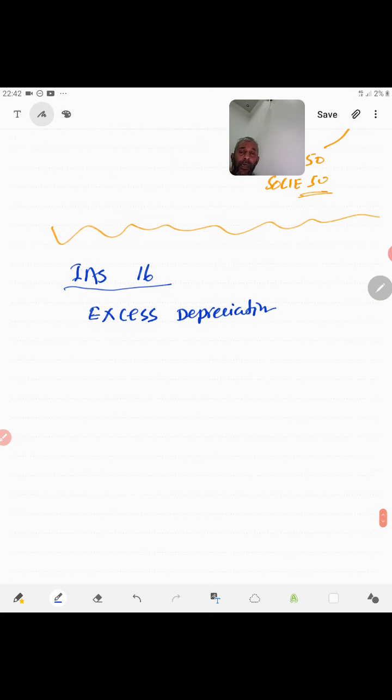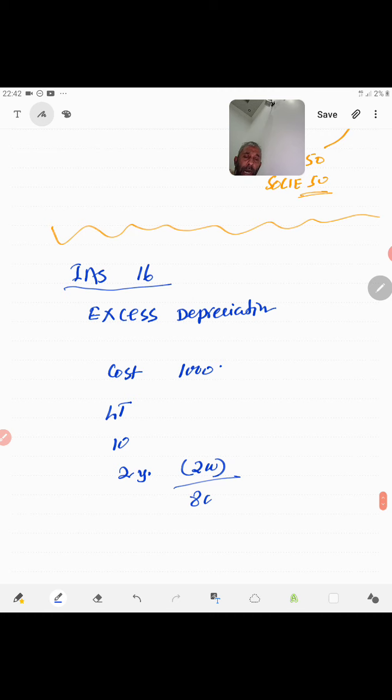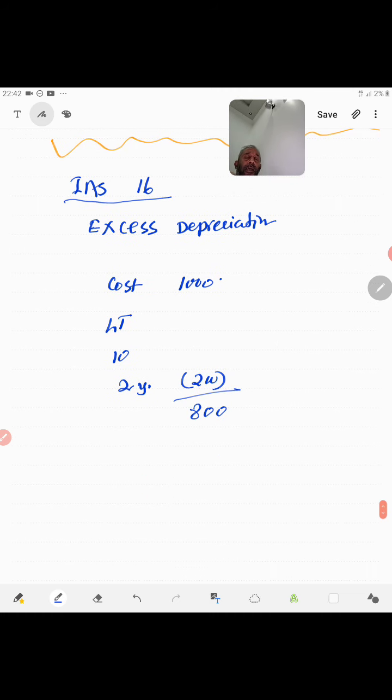Let's say I have an asset whose cost is 1000 and lifetime is 10 years, 2 years is over, so that means accumulated depreciation is 200. So the net book value at the end of the second year is 800. Now I have revalued this to, let's say, 1600, for example. And the remaining life of the asset is 8.